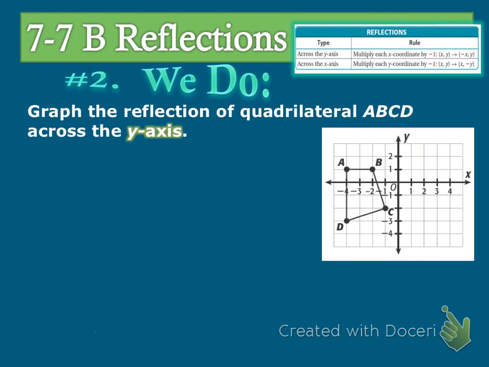So let's look at example number 2 here. We're going to graph the reflection of this quadrilateral ABCD across the y-axis. Now, another way that you could do this is just by looking at that y-axis, keeping along the same x value that's going to be the same distance away from the y-axis.